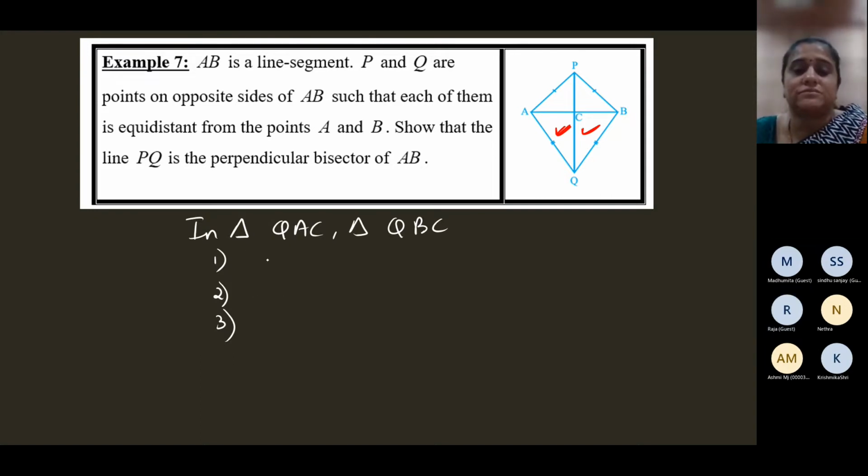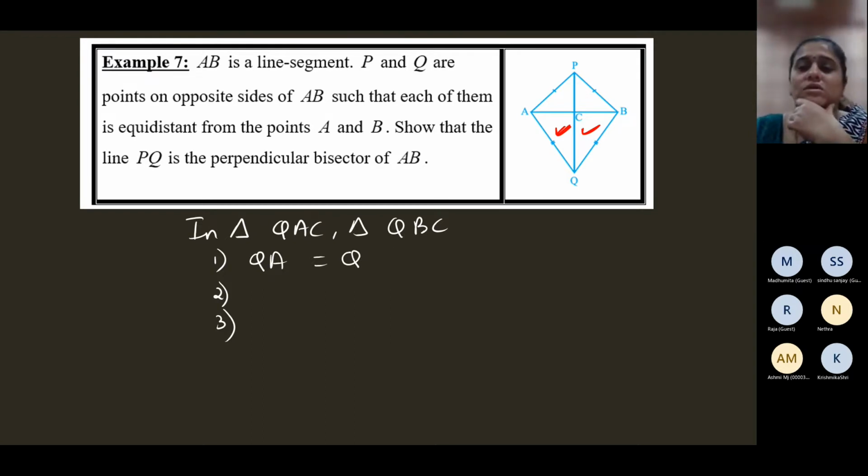Netra. Yes, ma'am. QA is equal to QC. QA is equal to QC. QA is equal to AC.